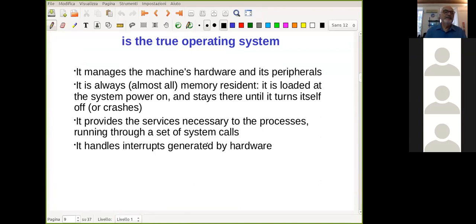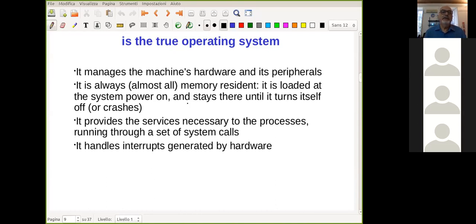Kernel, I anticipated, manages the machine's hardware and its peripherals. It is almost always all in memory. We assume that all the kernel is memory resident. If we have a small system, some part of the kernel may be saved to the disk if there is a disk and loaded when needed.